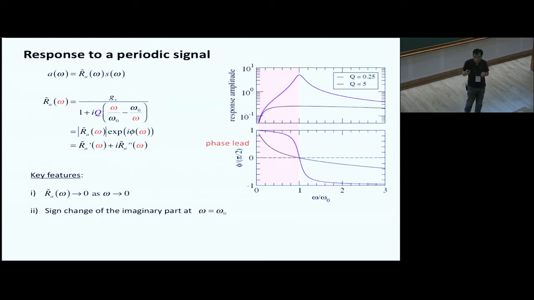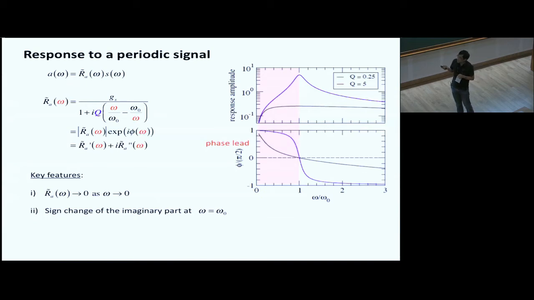So what this means is that we are in a kind of unusual situation. You have a signal, and then you have the response. If phi is positive, that means the response can lead the signal in phase. Normally the response should lag behind the signal. But for this adaptive system, the phase lead becomes positive when the frequency is less than this characteristic frequency.